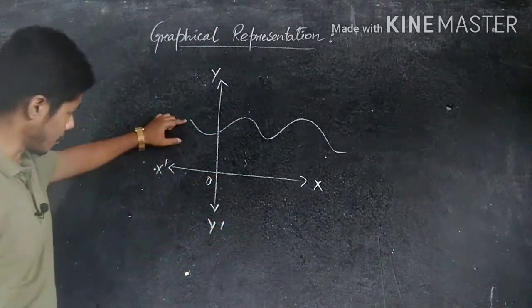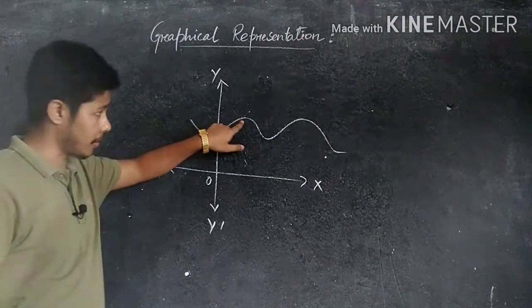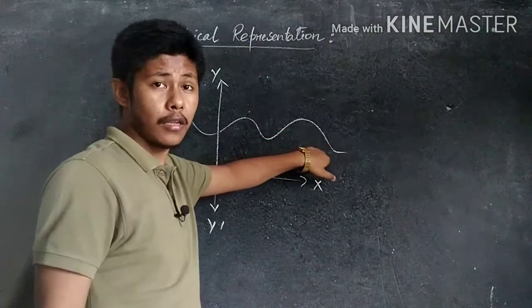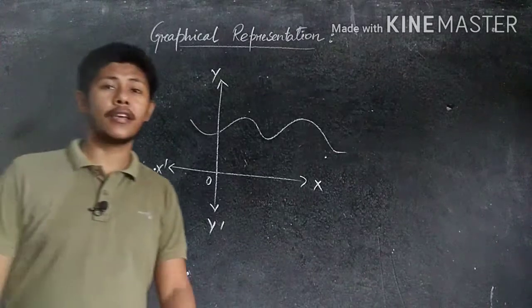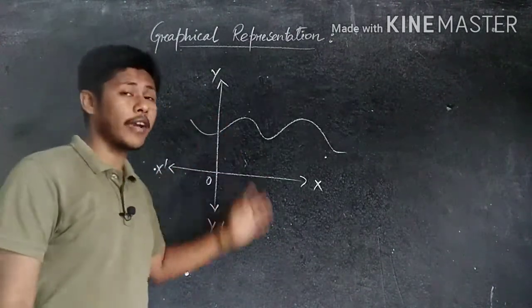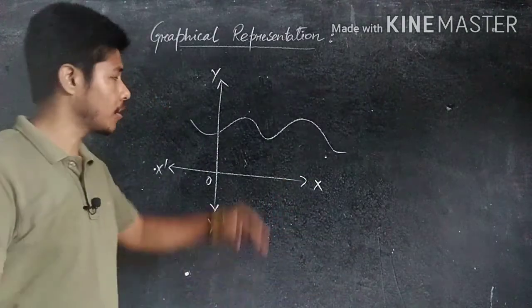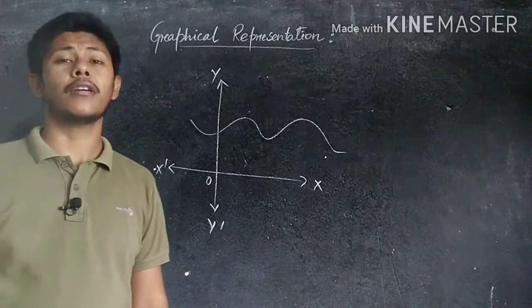Because from here to here it is decrease, and from here to here increase, again decrease, increase, decrease. Both conditions are here, so we can't say anything. So this graph is neither increasing nor decreasing. If we get this type of graph, we say it is a neither increasing nor decreasing function.